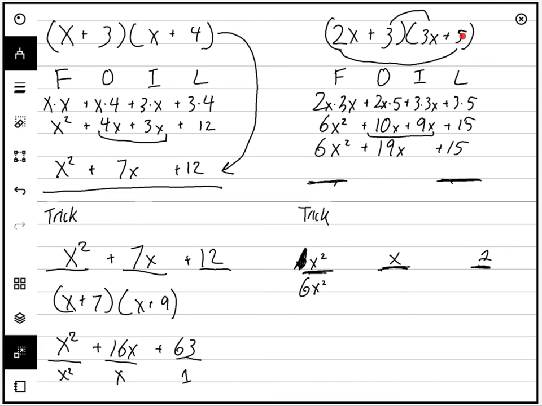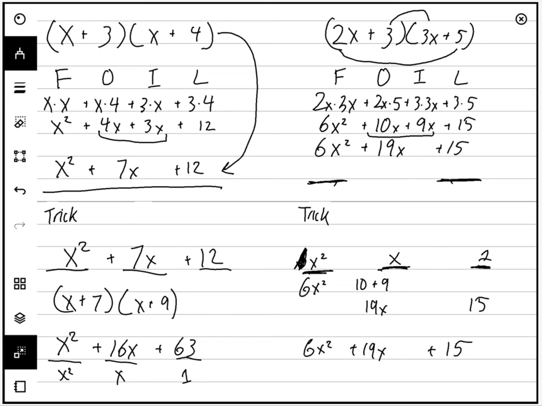And then the outside ones give you 10 and 9, so that gives you 19x. And then 3 and 5 for the last one gives you 15. So 6x squared plus 19x plus 15. I meant to say 6x squared.